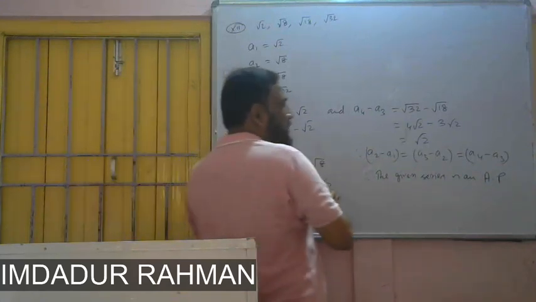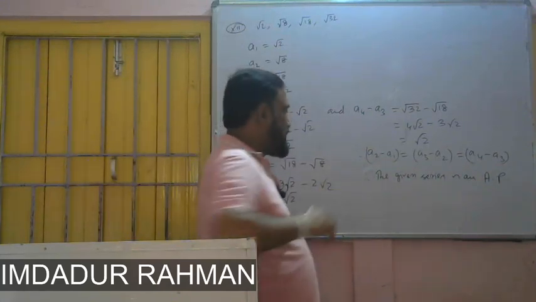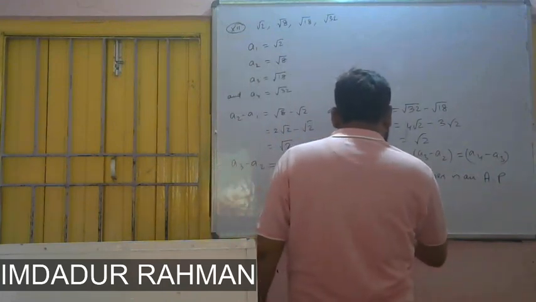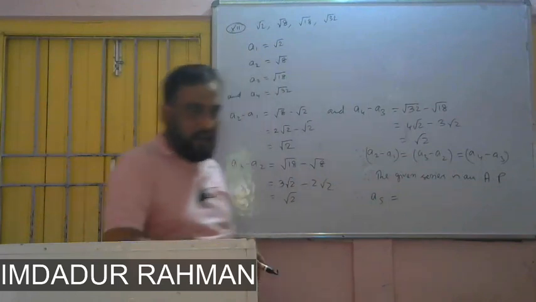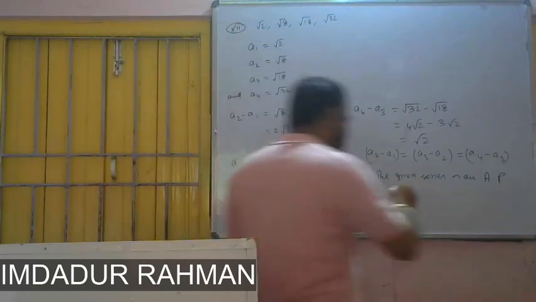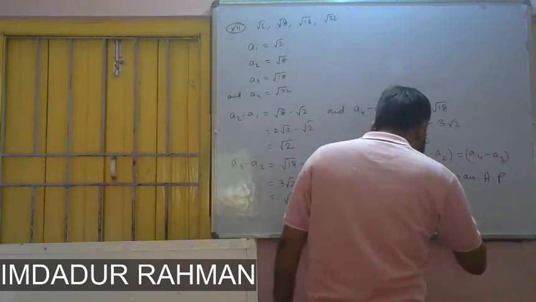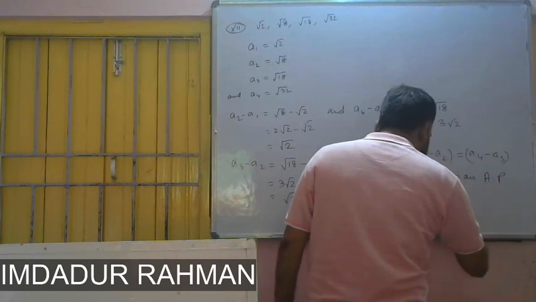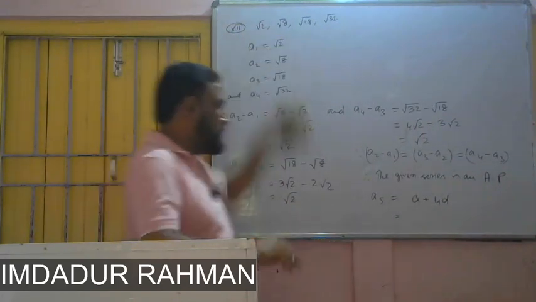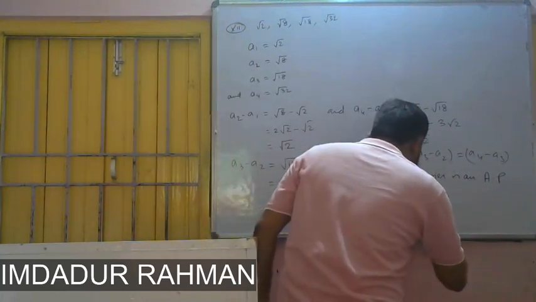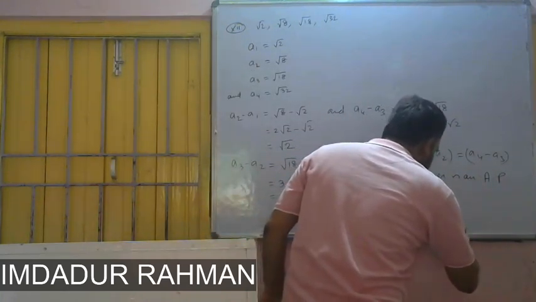We have to find out the next 3 terms. Therefore, up to 4 terms are given, so we will find out the 5th term. a5 is equal to a plus 4d. What is a? a is root 2. Root 2 plus 4 into again root 2.